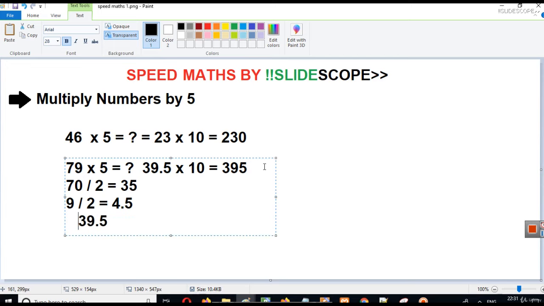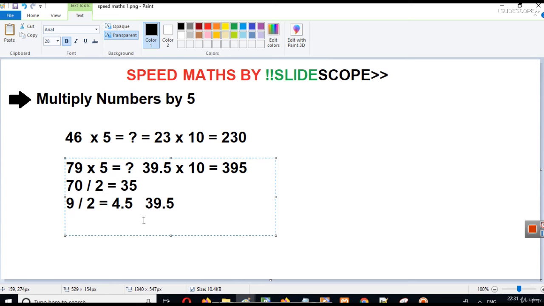You have to do these calculations in your mind. So for 79: do 70 by 2, 35, 9 by 2, 4.5, 35 plus 4.5 is 39.5, and then you can multiply it by 10. After some practice, you can really do every calculation in your mind.